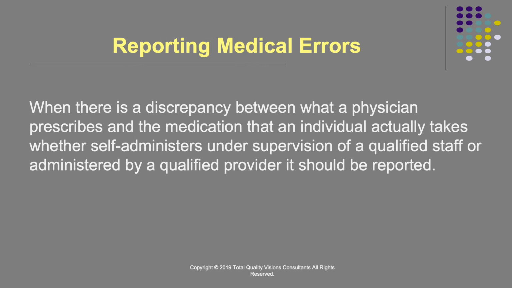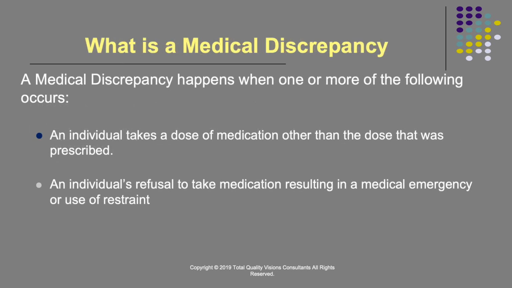When there is a discrepancy between what a physician prescribes, the medicine that an individual actually takes, and the individual self-administers the medication under the supervision of the program provider, or has medication administered by the program provider, it should be reported. A medical discrepancy is when one or more of the following occurs.